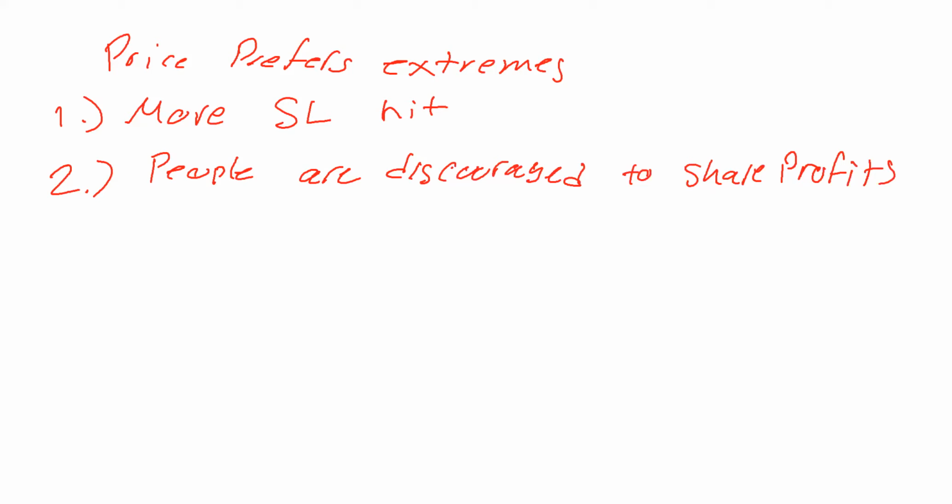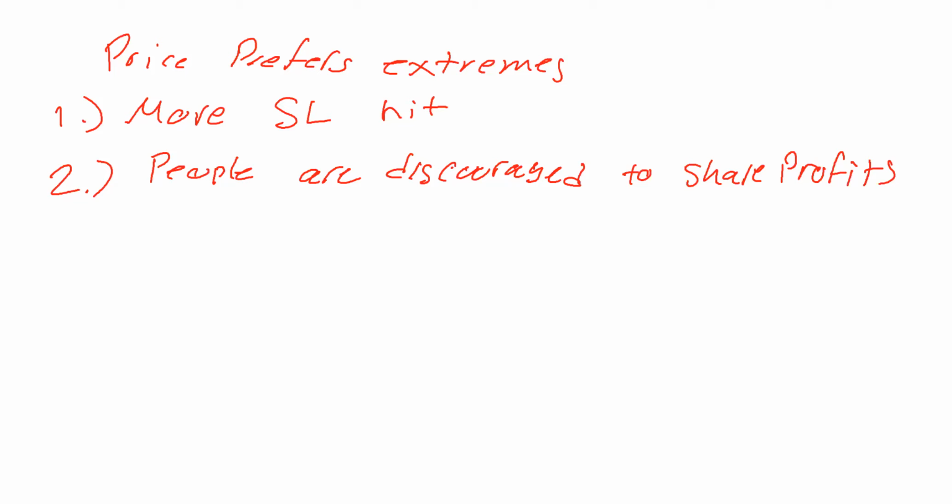Sometimes you re-enter, or sometimes you get very emotional and then you start selling. So more people getting their stop loss hit means more money for the banks to fuel up their next move, and that's exactly what's going to happen. So these are the more the better.